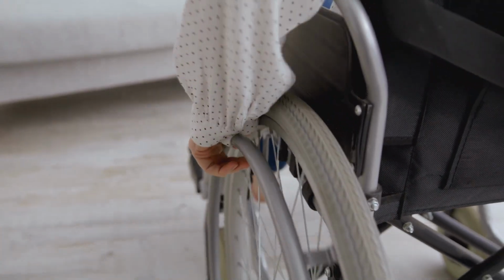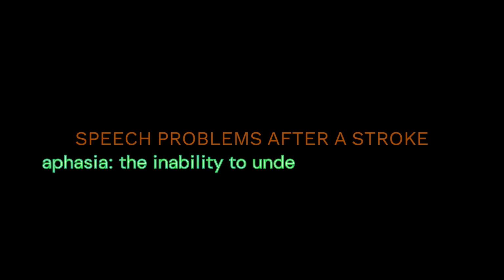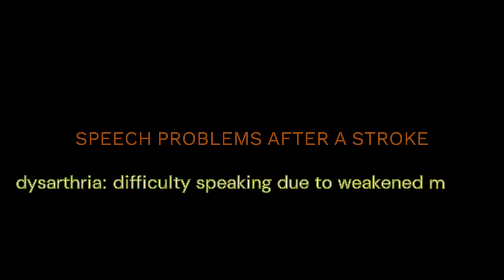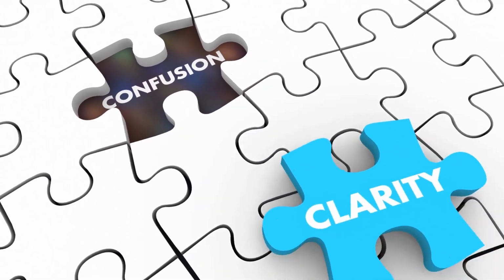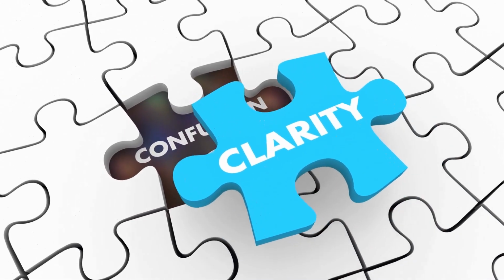A patient can experience speech and language problems like aphasia, which affects the ability to understand or use language. Another speech problem called dysarthria is where you have difficulty speaking because the muscles you use for speech are weak. A patient could also experience problems with thinking, memory, problem solving, and could exhibit behavioral disturbances.